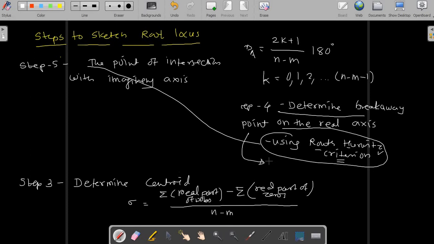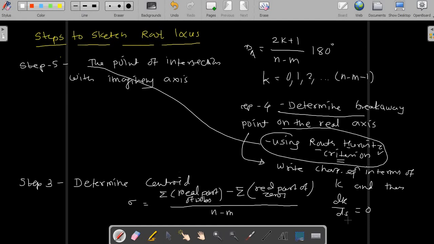For this, we write the characteristic equation in terms of k, and then equate dk by ds to 0.